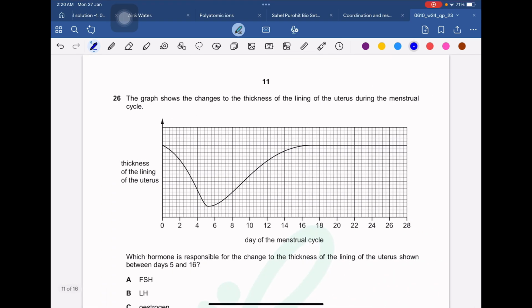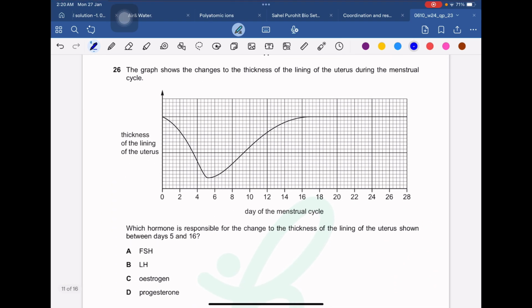Let us move on to question number 26. The graph shows the change to the thickness of the lining of the uterus during the menstrual cycle. Which hormone is responsible for the change to the thickness of the lining of the uterus shown between day 5 to day 16?